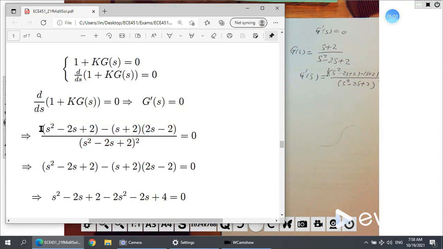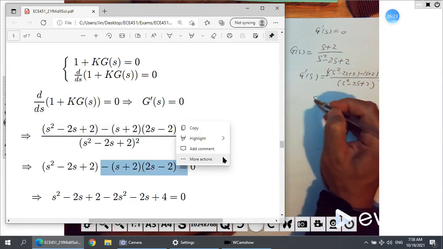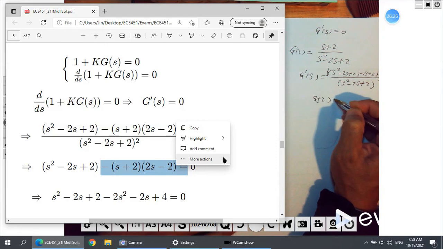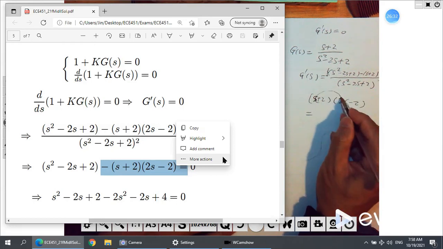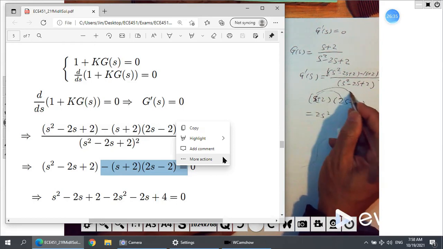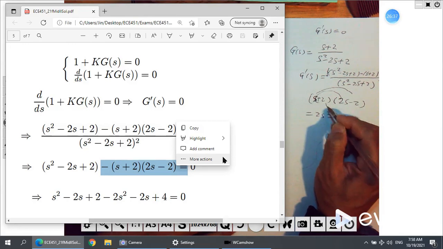Then we want this equal to 0, so just the numerator equal to 0. I keep these, it's the same. And for this one, s plus 2 times 2s minus 2: times these, I get 2s squared, times these, I get minus 2s, and this is plus 4s, and this is minus 4.